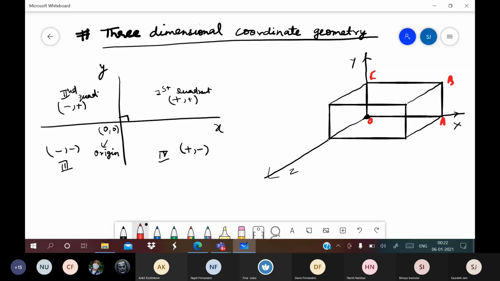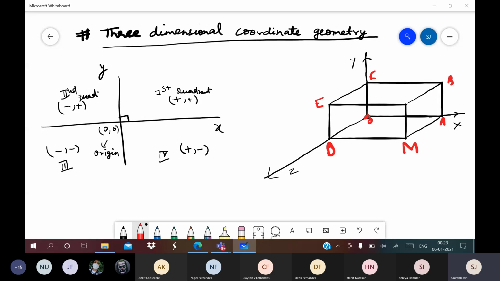Then this is another wall, say OD, and let us take any other point E, and OA. Suppose this is M. OAMD. This is the floor, right? Floor and the two adjacent walls, which I have named. And their meeting point, this point O, is called the origin.